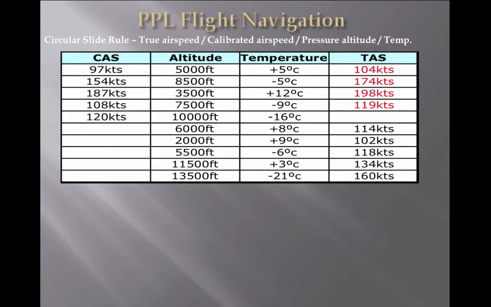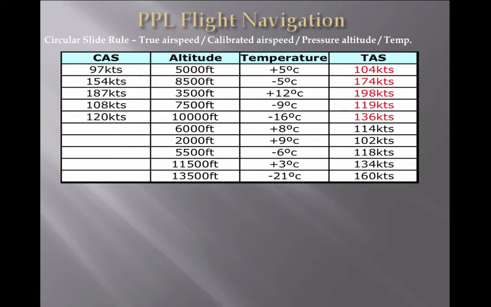And then we look for a calibrated airspeed at 120 knots. And that gives me 135, 136. So as long as you're getting sort of 134, 136, 137, you're pretty much on the money.